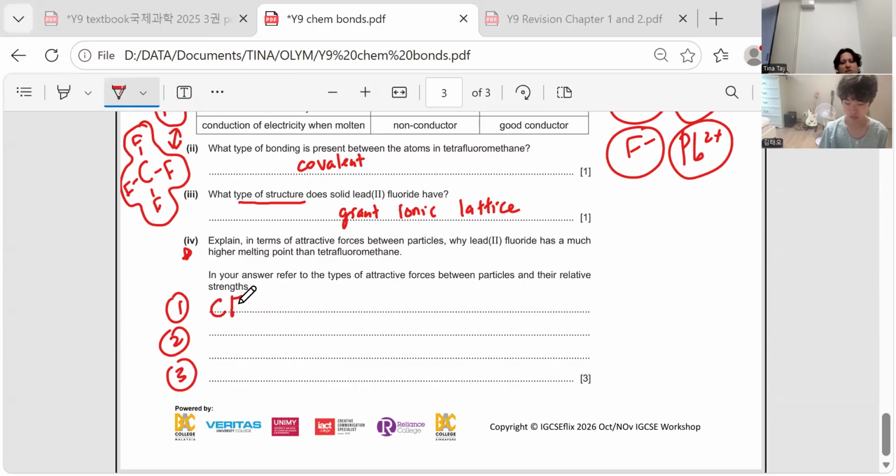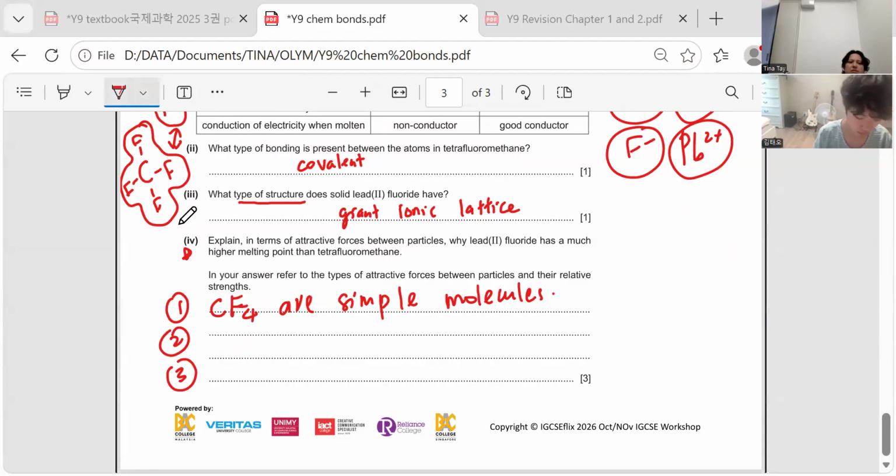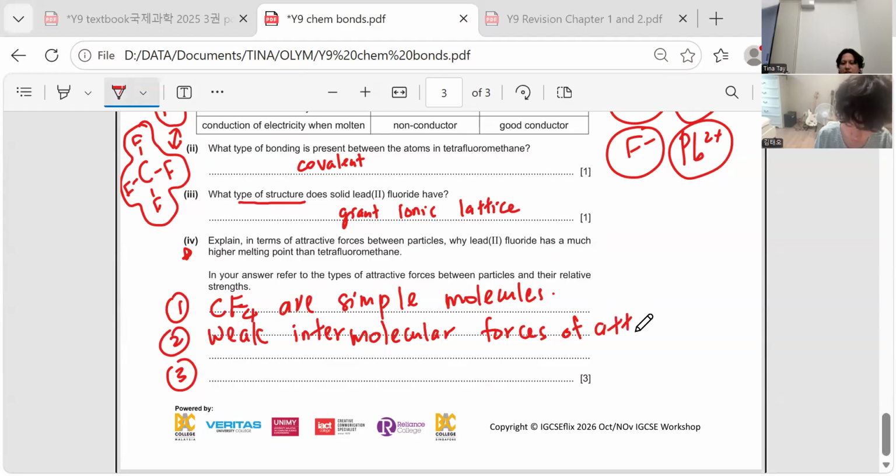So CH4 are simple molecules. So there is weak intermolecular forces of attraction between molecules.